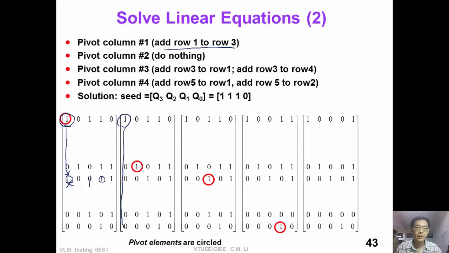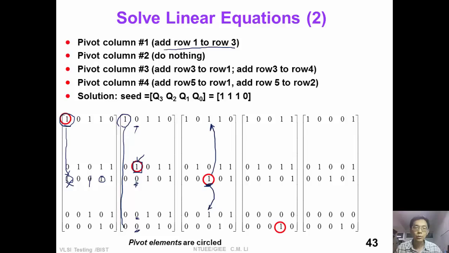Similarly, now the one in the second row is the pivot element. We don't need to do anything because there is only a single one in this column. Now we work on the third row. We need to eliminate this one, and also we need to eliminate this one. So we add row 3 to row 1.